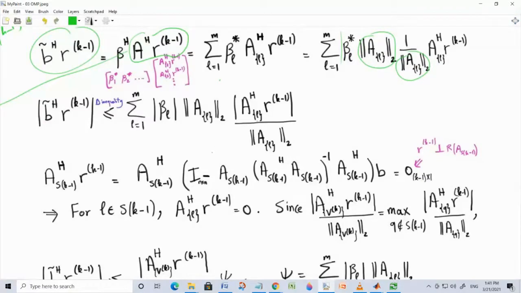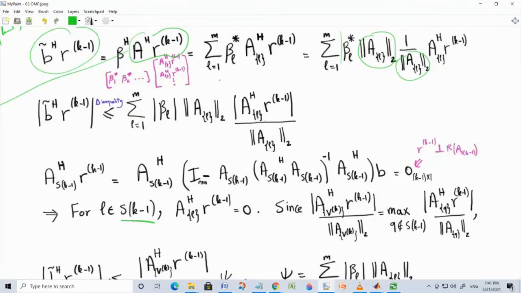Okay, then what should we do? Now you can show using the least squares solution that whenever the index l is in S_{k-1}, this inner product is equal to 0.